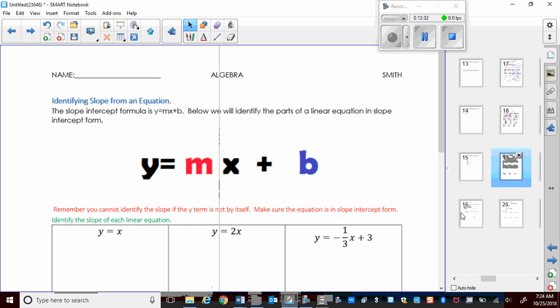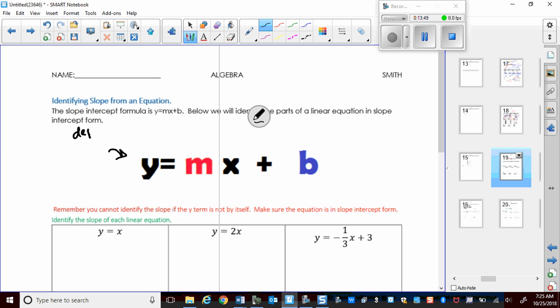Now, one of the things we can go over in this lesson is identifying the slope from an equation. So in general, the slope-intercept formula is y equals mx plus b. So here's my dependent variable. It's dependent. And y varies. That's what equal means.